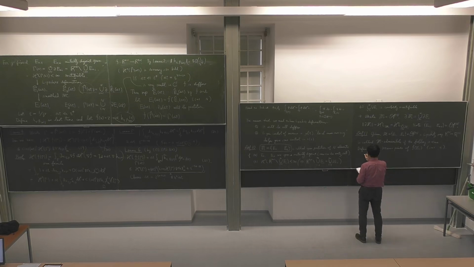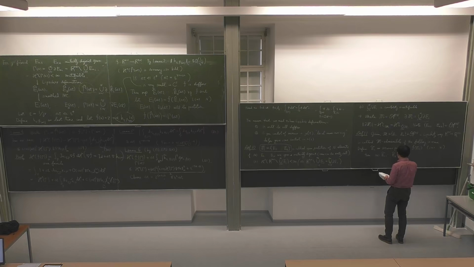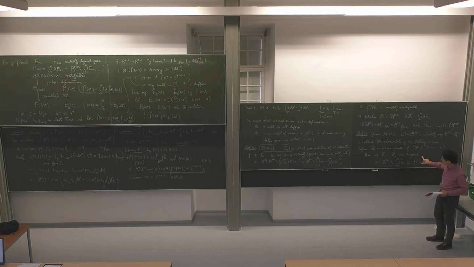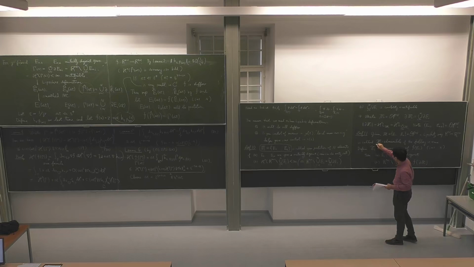The requirements are: E_1 tilde through E_n tilde are disjoint, and also the complement of this image is included in the image of the boundary. So these are the requirements, and then it is called M admissible.